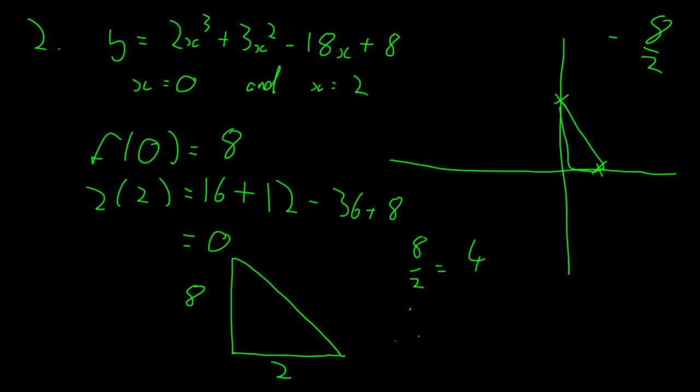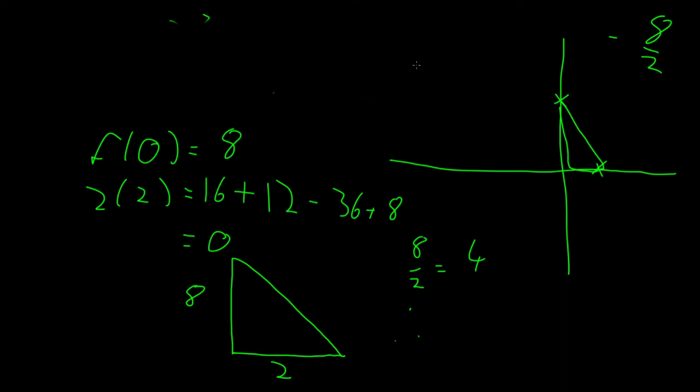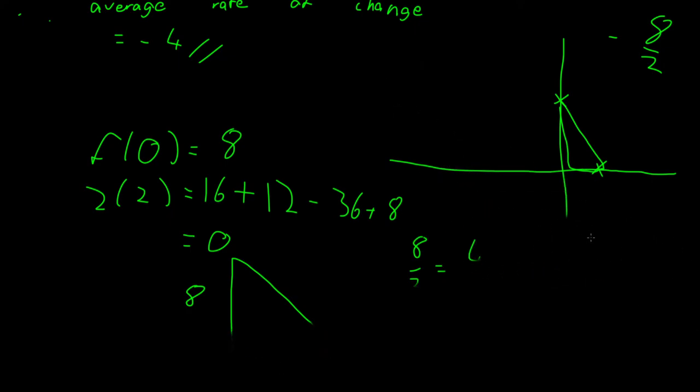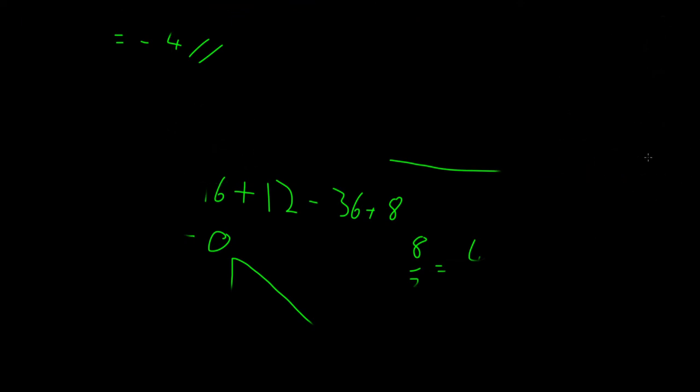Actually, I'll make a bit more space here. Therefore, average rate of change equals minus 4. And that's the answer there. So 2 down so far. Oh, that was 2a. Alright, now we've got 2b.